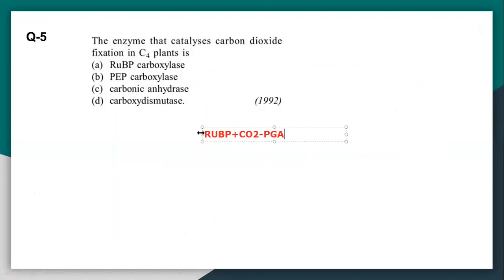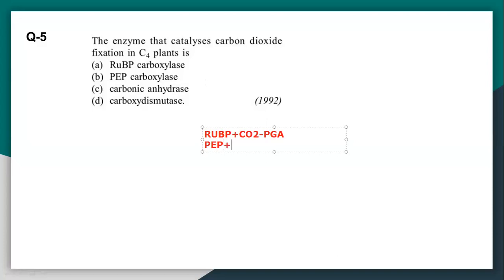So phosphoglyceric acid is formed in case of C3 plants, but in case of C4 plants, phosphoenolpyruvate, PEP, actually acts as a CO2 acceptor, right? And it produces oxaloacetic acid.